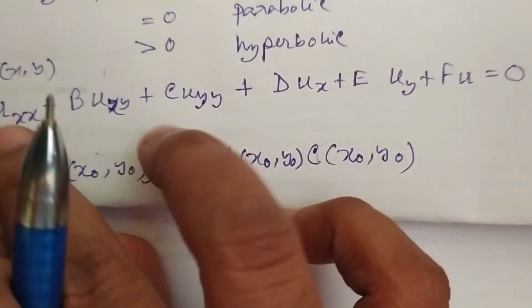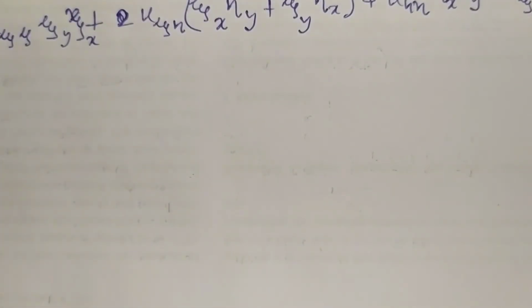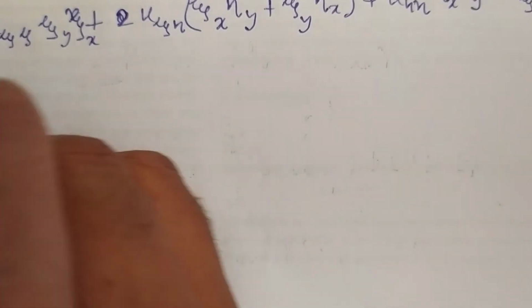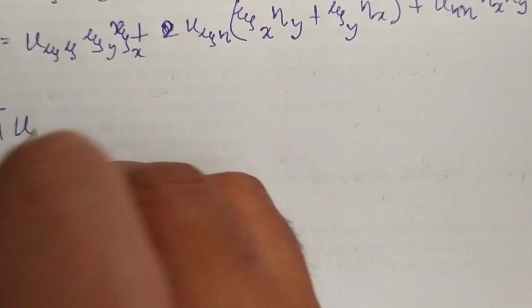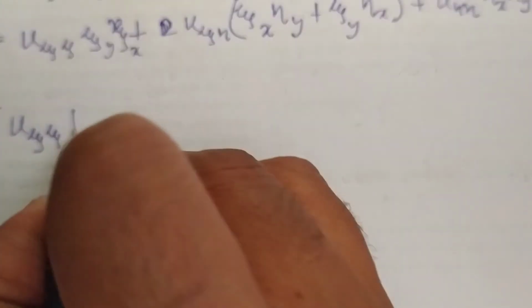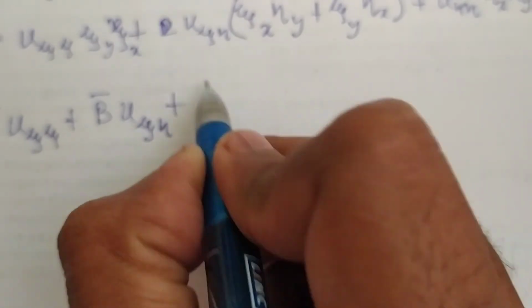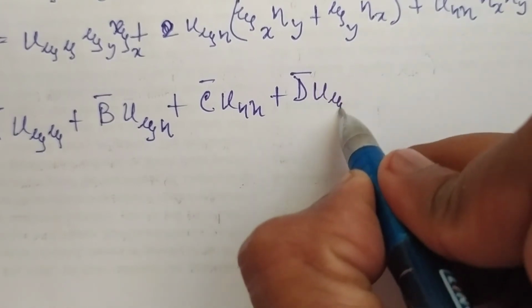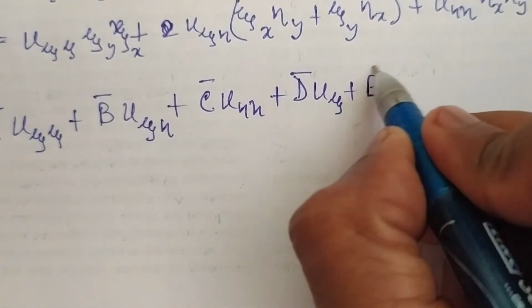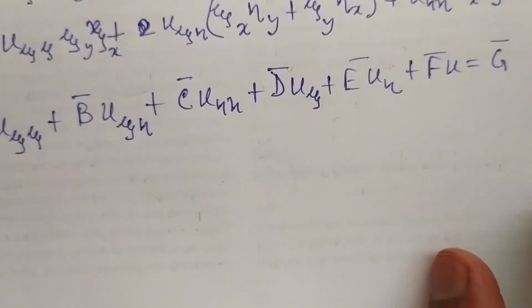And doing so, simplifying, you can write the whole thing as A-bar u_xi xi, B-bar u_xi eta, C-bar u_eta eta, D-bar u_xi, E-bar u_eta plus F-bar u is equal to G-bar.